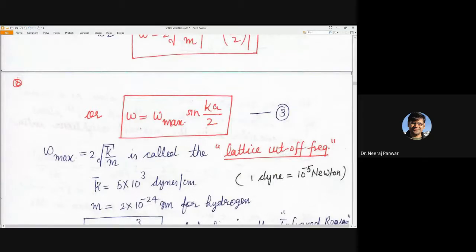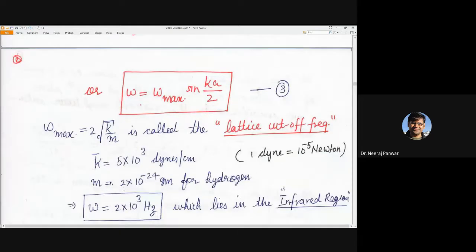Now, if we substitute the typical value for spring constant, that is 5 into 10 to the power 3 dynes per centimeter, where 1 dyne is equal to 10 to the power minus 5 Newton, and for hydrogen we take the mass of the atom as 2 into 10 to the power minus 24 grams, omega comes out to be 2 into 10 to the power 3 hertz.